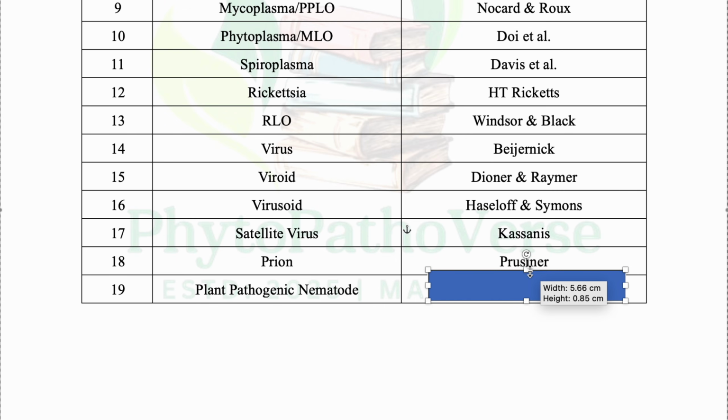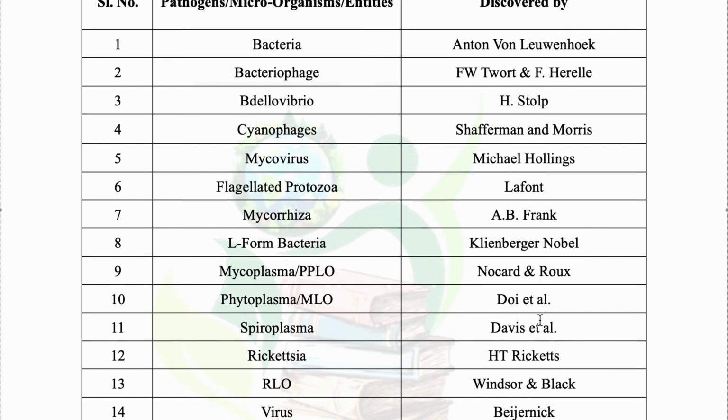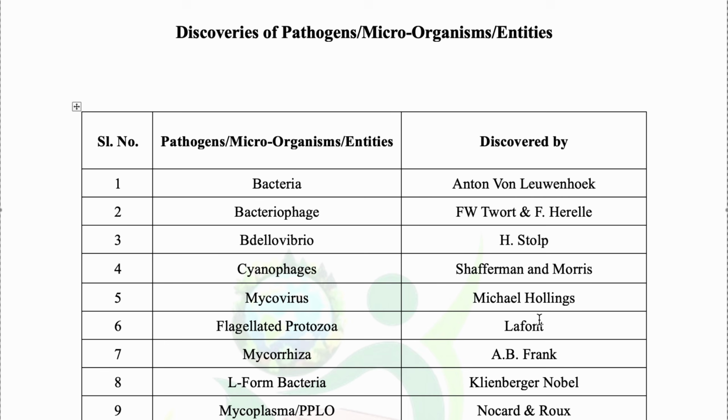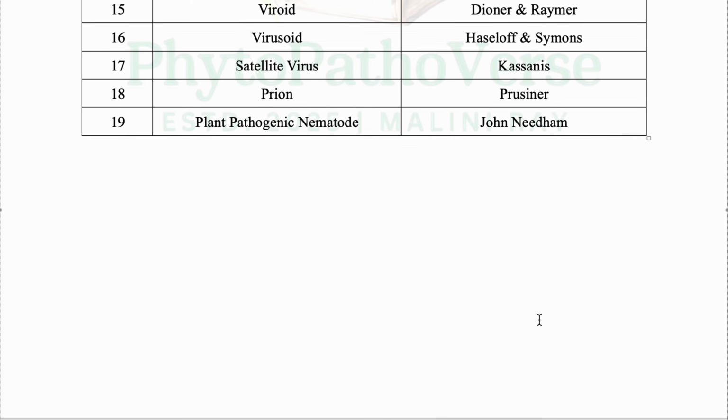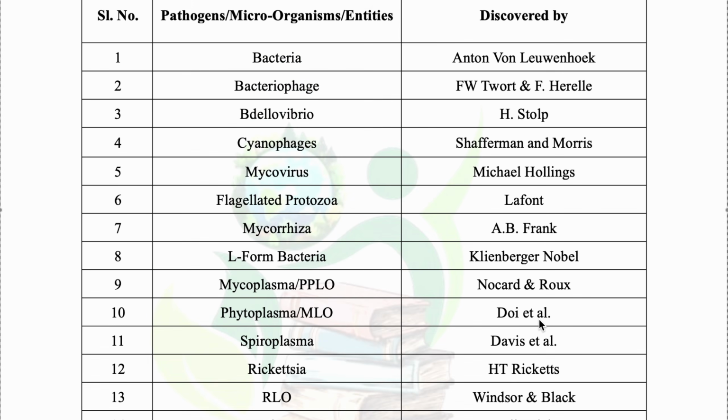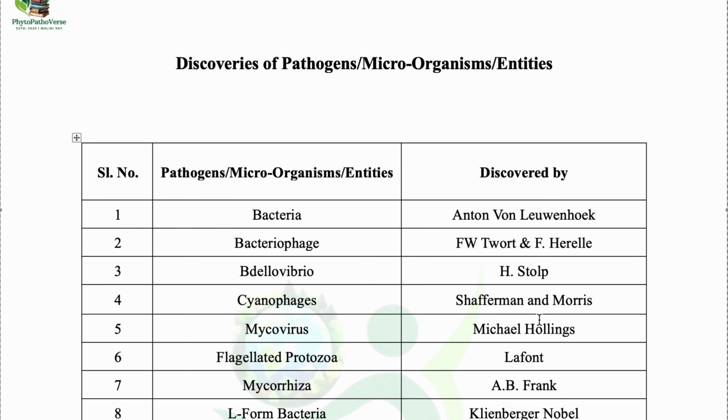Yeah. Last, plant pathogenic nematode by Needham. John Needham. Let's reveal it. Yes, John Needham. Correct. So I guess we have made all the correct choices, right? Good for me.